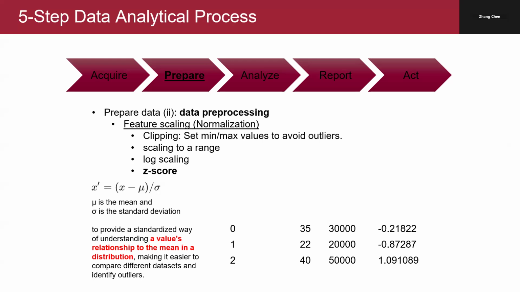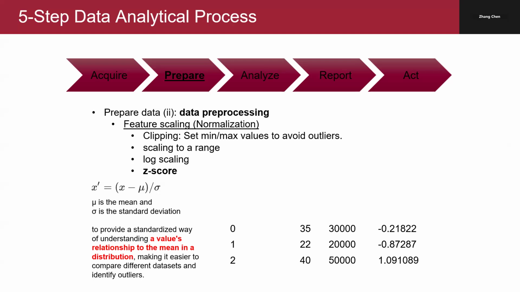In the table, you can see that the employee with the highest salary has a positive z-score, of course, while the lower salaries have negative z-scores. The magnitude shows how unusual the value is. This makes it easier to compare values across different features and to identify potential outliers.